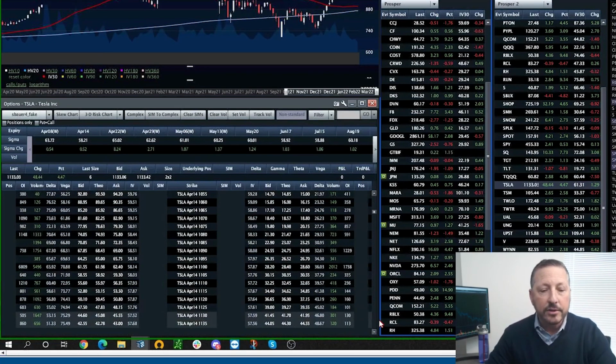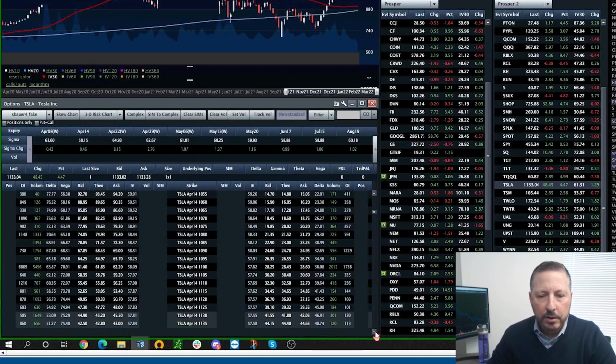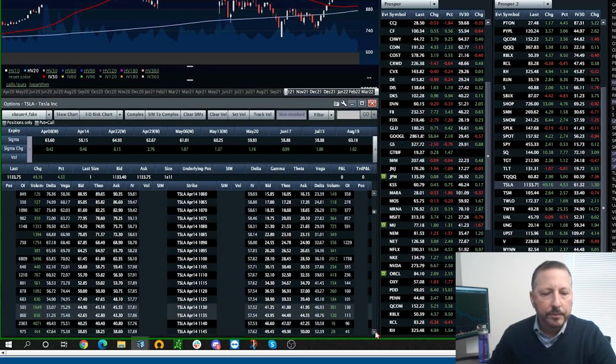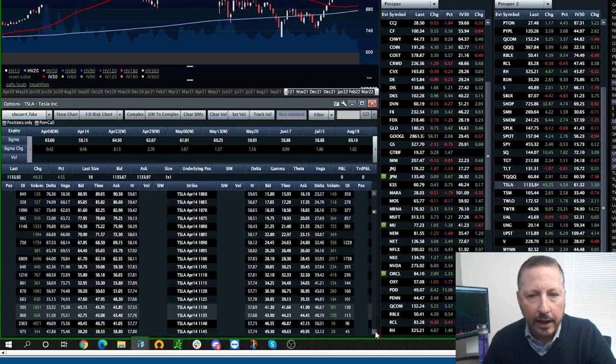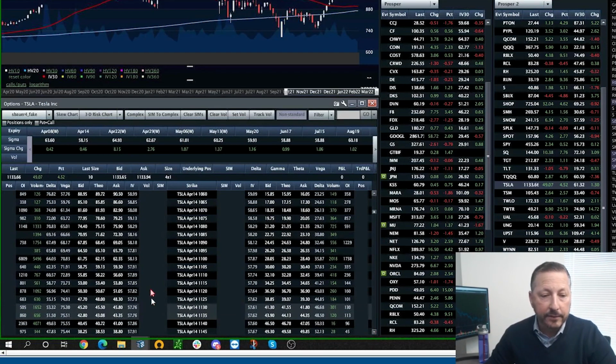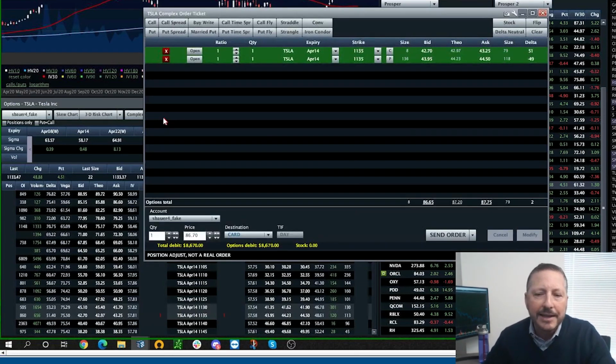So we look at the at-the-money straddle for April 14th. If we look at the 1135 call and put option here, we come up with roughly $87. That tells us the market is currently pricing in a move in Tesla to this expiration, April 14th, of plus or minus $87.